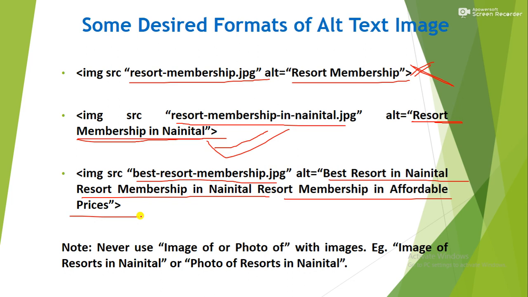They think that if we give the alt text like this, all our keywords will be included and it will be better for us, because all these keywords will be searchable when we give this alt text to Google, right? So guys, it is not so at all. It is not a correct format at all, because you are making only keyword stuffing here. You are not providing meaning to your blog or to your image.